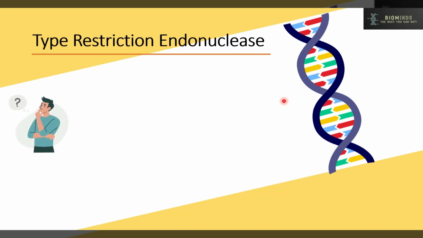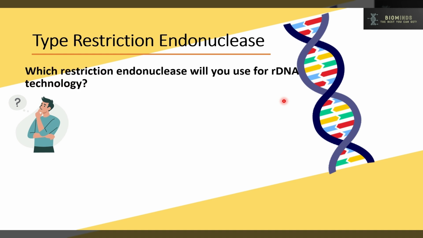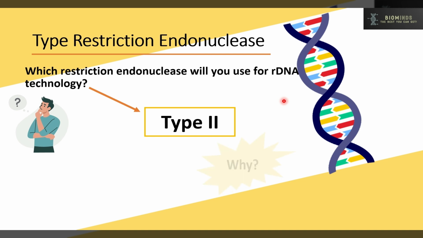So the question comes: which type of restriction endonuclease will we use for our recombinant DNA technology or genetic engineering? This is the question that arises. Type 2. Why type 2? There must be a reason.